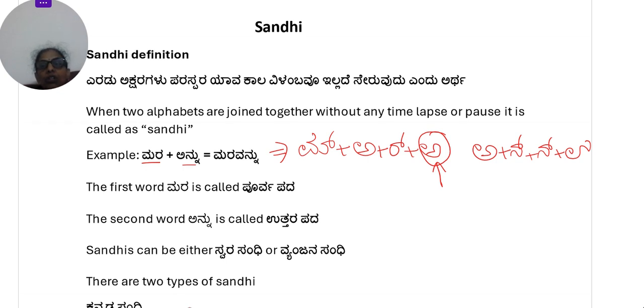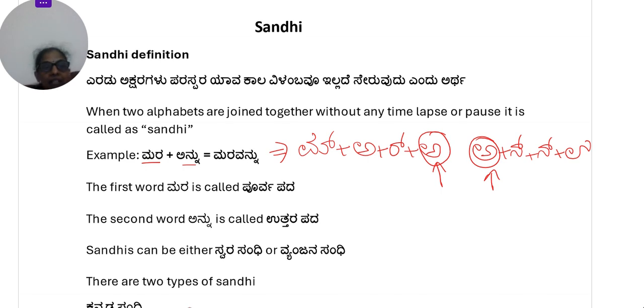Here it is Annu, so it is starting with A. So the first word is ending with a Swara, and the second word starts with a Swara. So then it will become Swara Sandhi. Okay, both are Swaras. The first word is ending with a Swara and the second word is starting with a Swara. So it is called Swara Sandhi because both of them have Swaras in them.